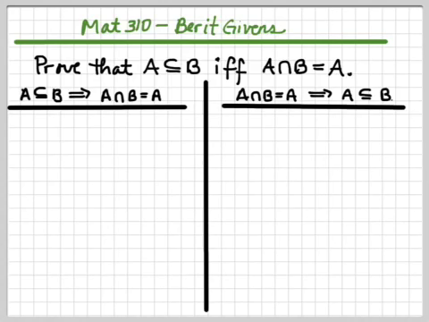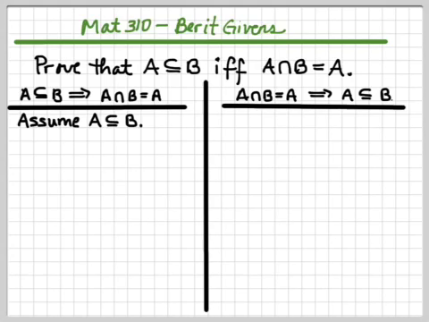So on the left-hand side, how should this proof start? It has the form if P then Q, and so we always start by assuming the hypothesis. Assume the P of if P then Q. So on the left, it's A is a subset of B. So that's what we start with.